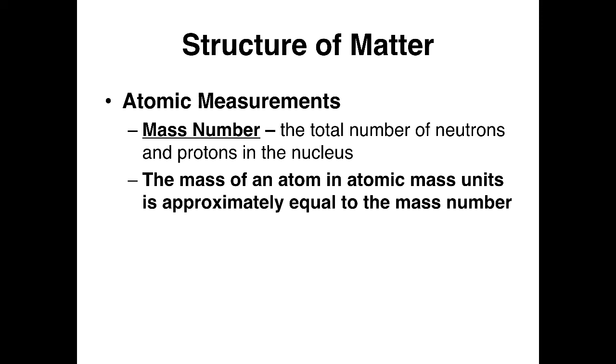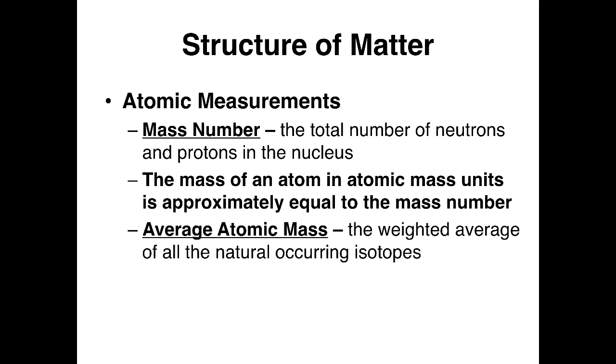If you multiply 8 times the mass of the proton and 8 times the mass of the neutron, you end up with a number that's very close to, but not exactly the same as 16, which would be the mass number.